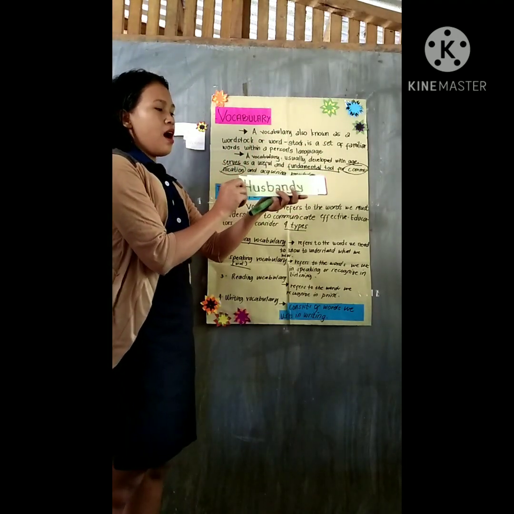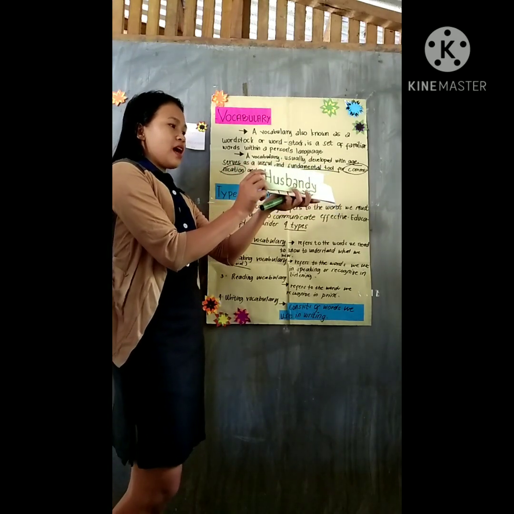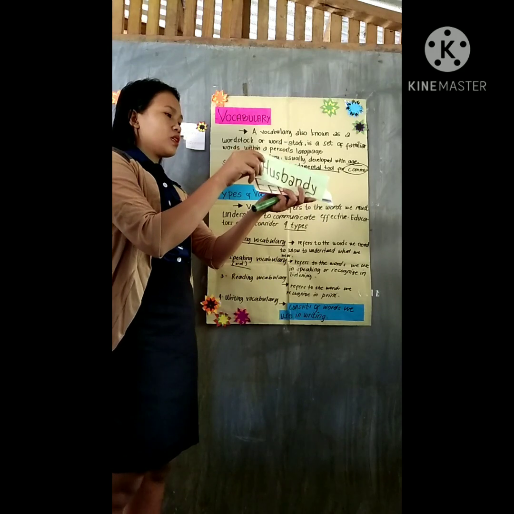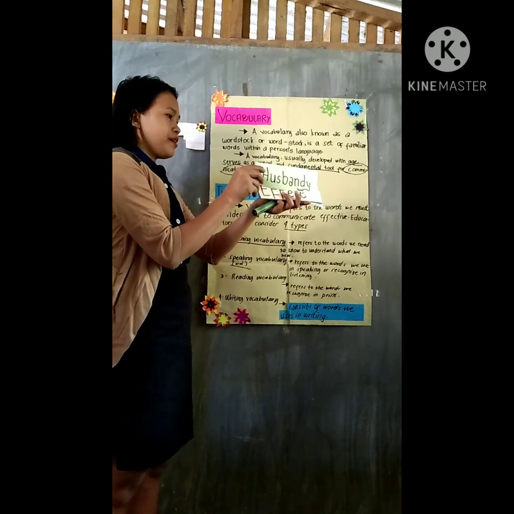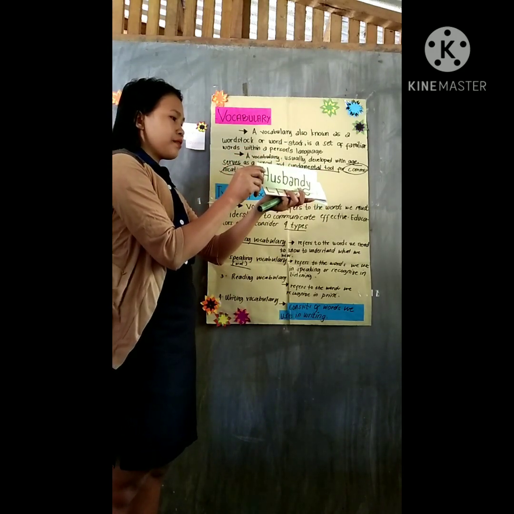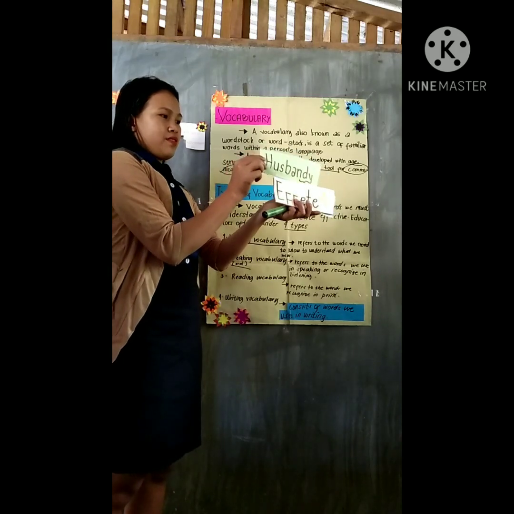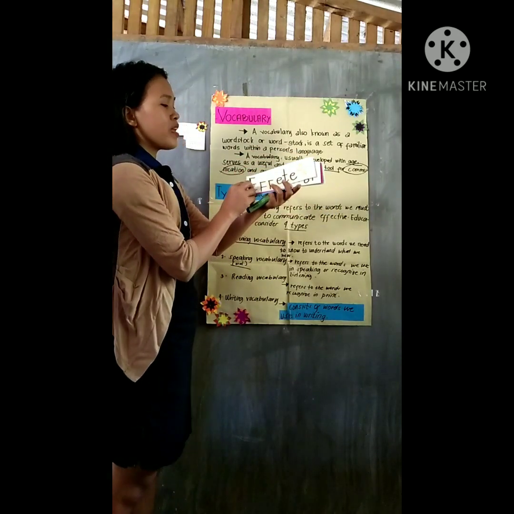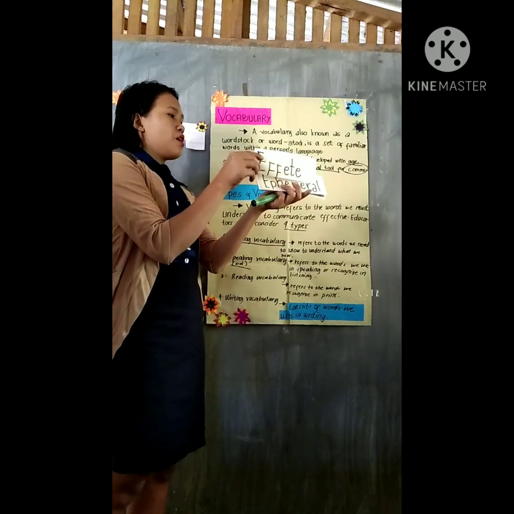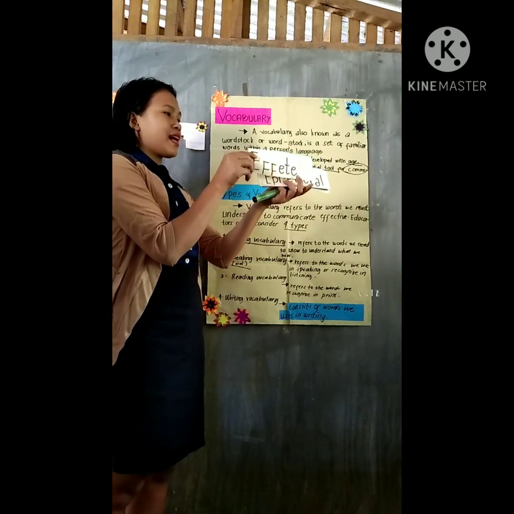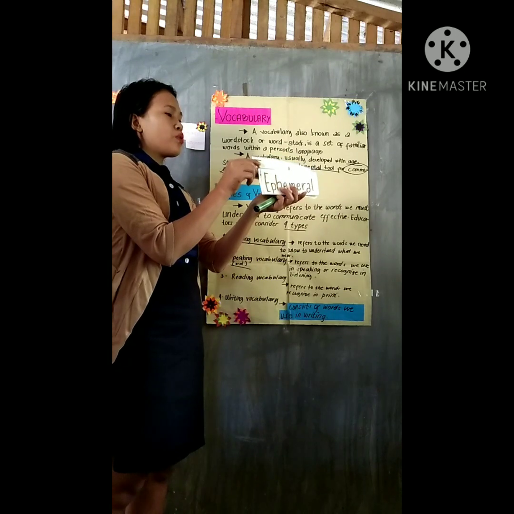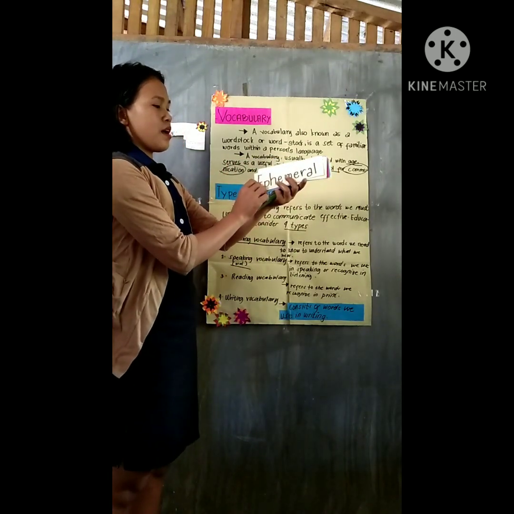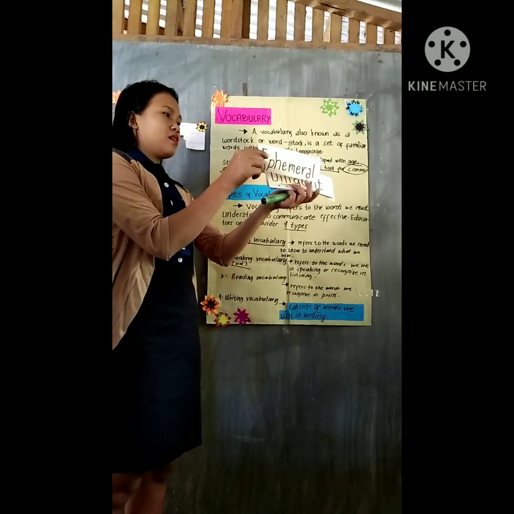Next is husbandry, which is agriculture. For example, the cleared land used for agriculture or husbandry. Effete: no longer fertile or tired or worn out. Next is ephemeral.